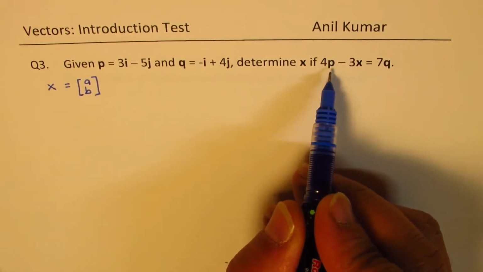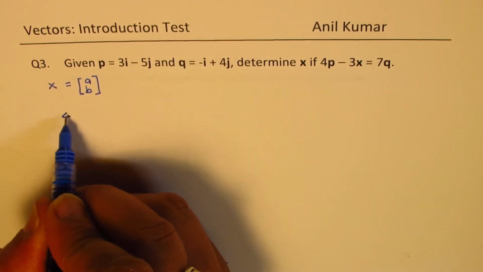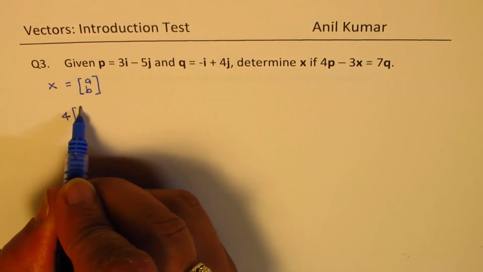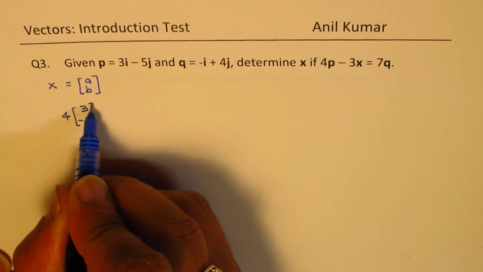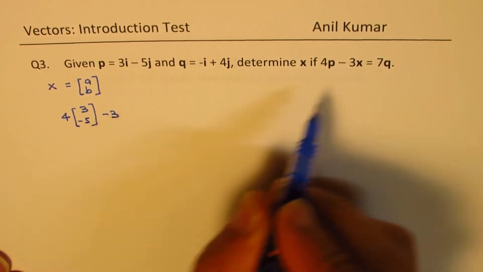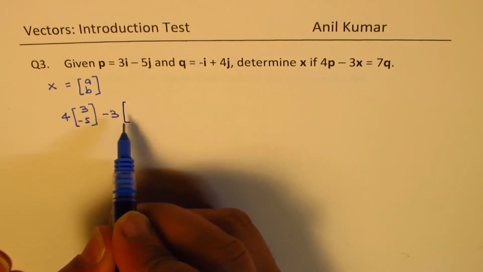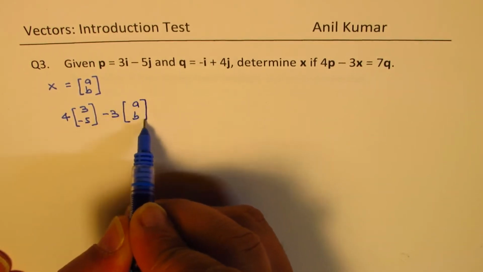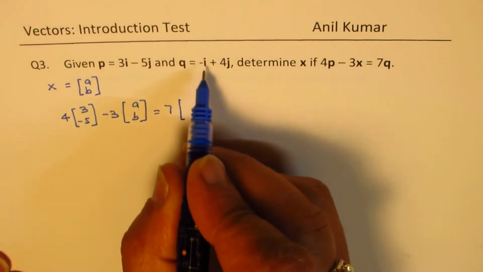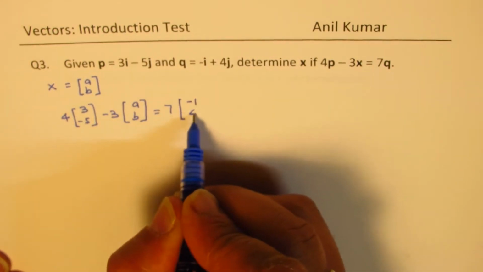We get 4p, so 4 times p is 3i minus 5j. I can write 3, minus 5, minus 3 times x, which is AB, equals 7 times q, which is minus 1, 4. Clear?